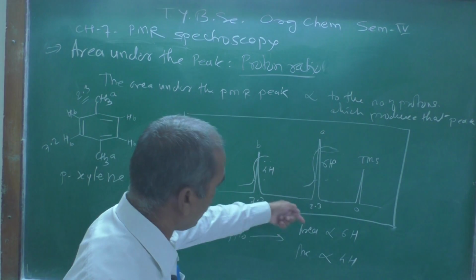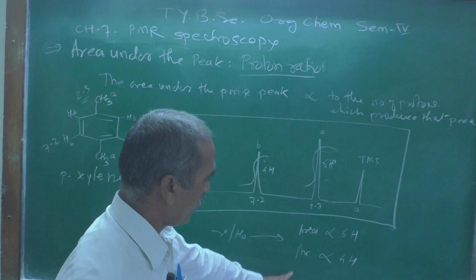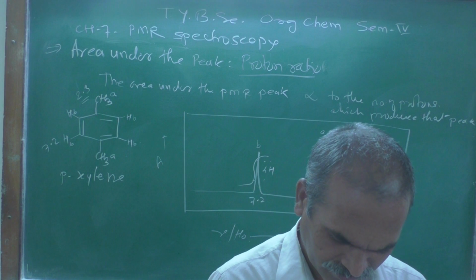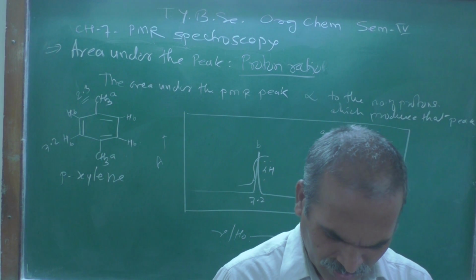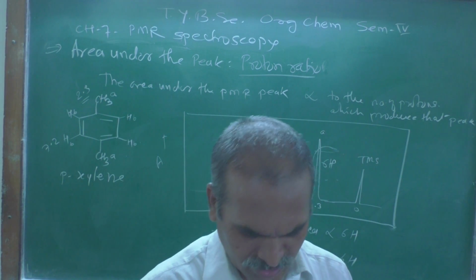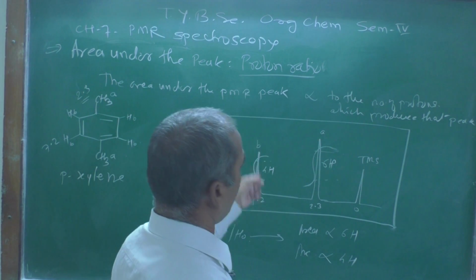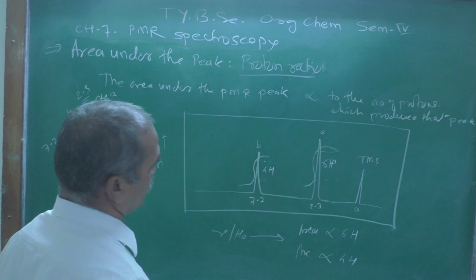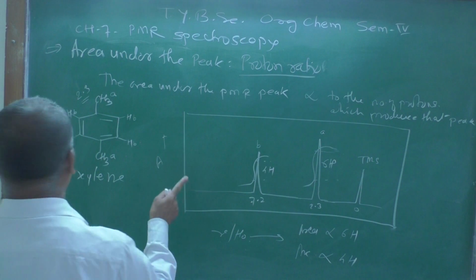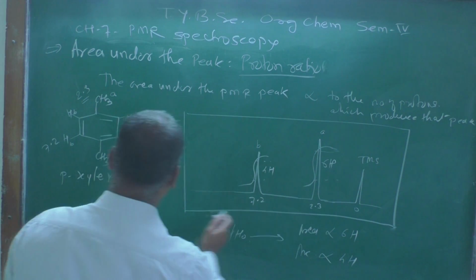The relative ratio of these areas is known as a proton ratio.